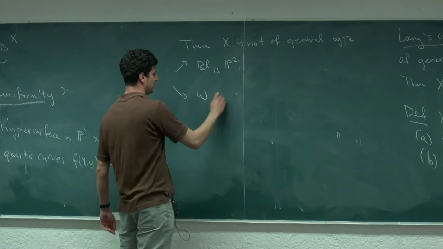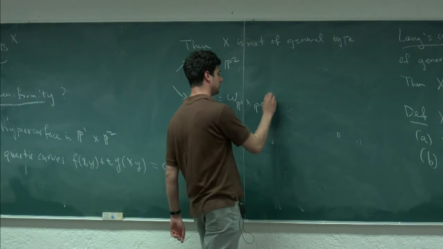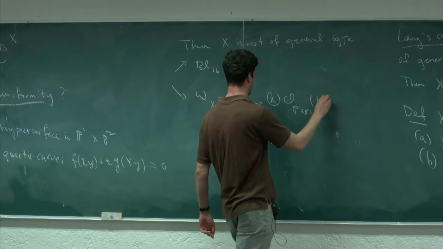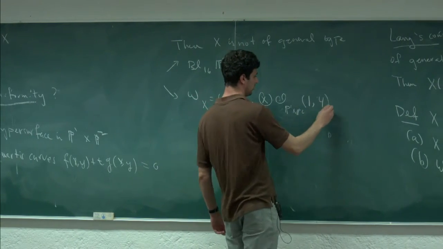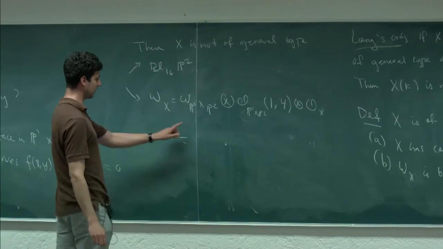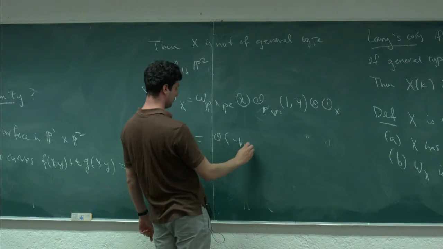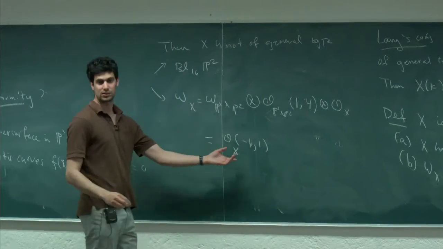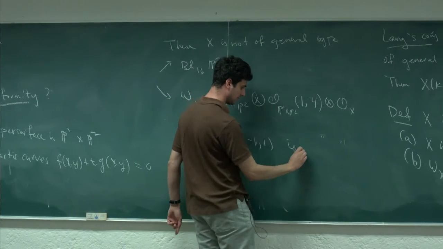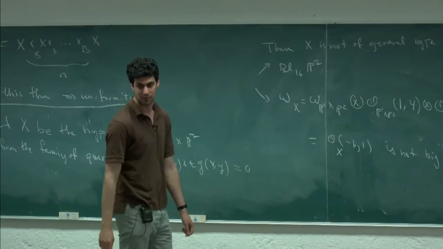So omega X is omega of P1 cross P2, tensored with O of (1, 4), which is the class of X. And so what do we get? We get minus 2 and 1, so we get O of (minus 1, 1). And this is certainly not big, because we have this minus 1 here. So X is not of general type.